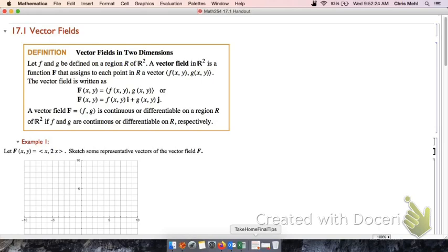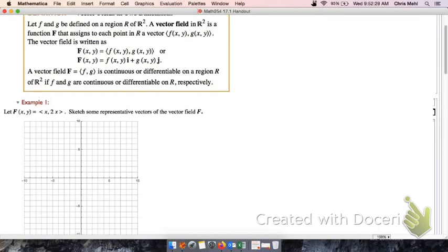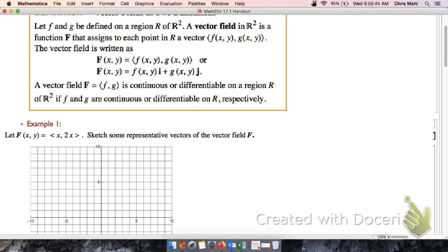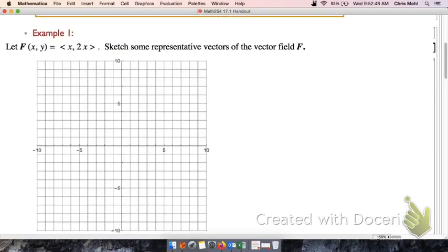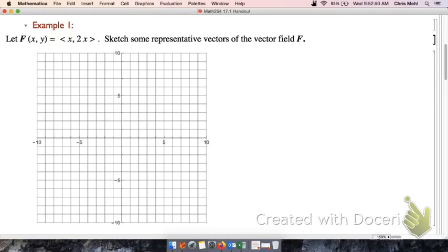So example 1, if I look at the vector field capital F of xy that has components x comma 2x, we're going to sketch some representative vectors of the vector field F. I'll probably just do like 2 or 3 of these, just for emphasis.